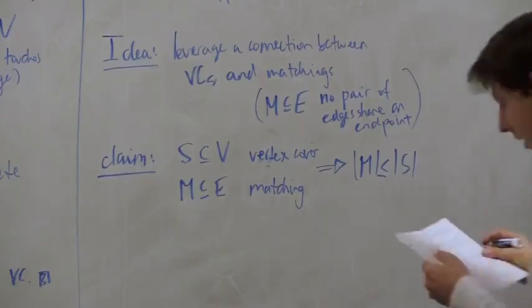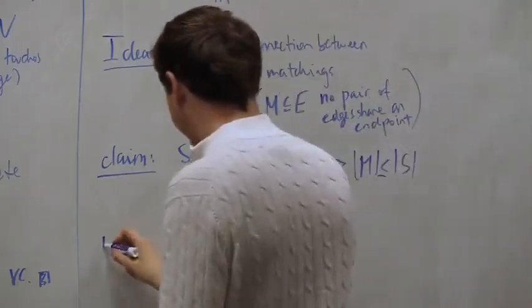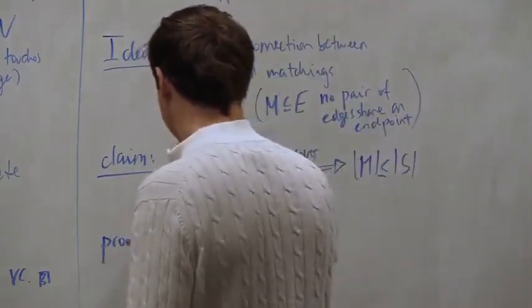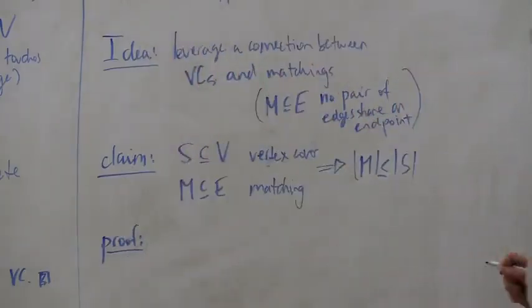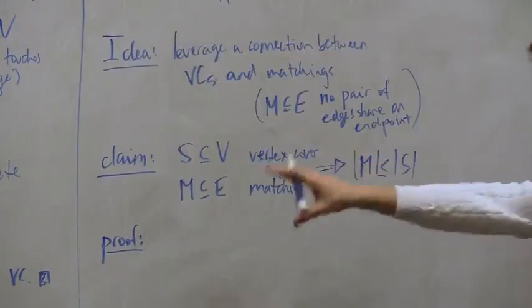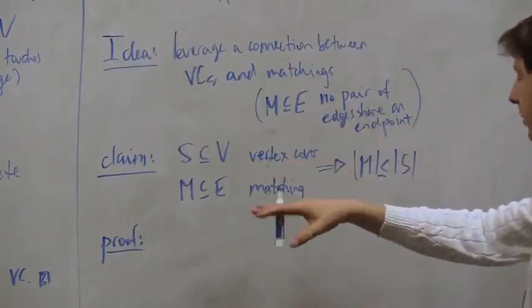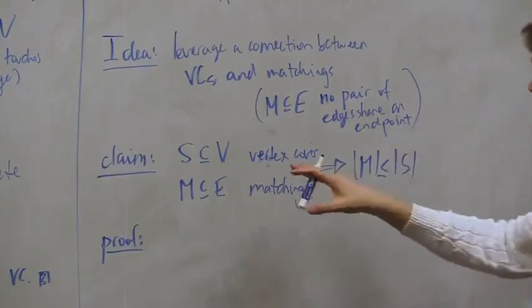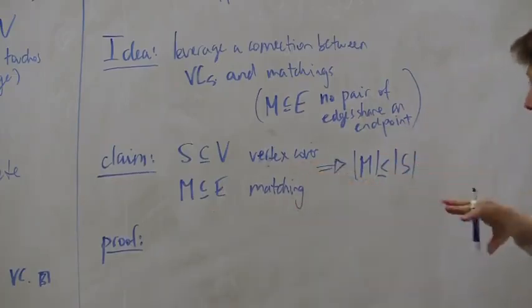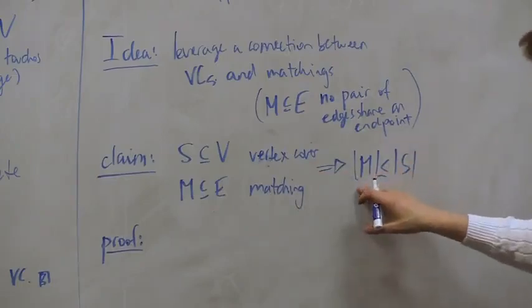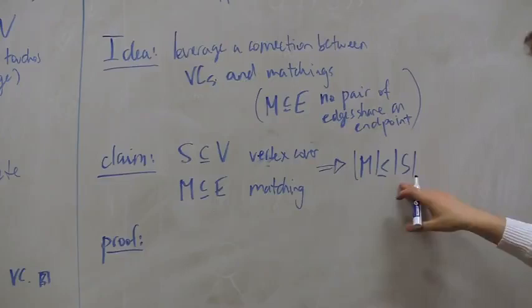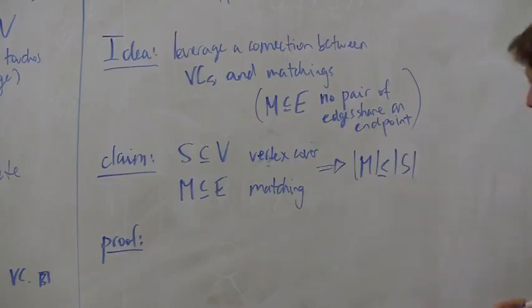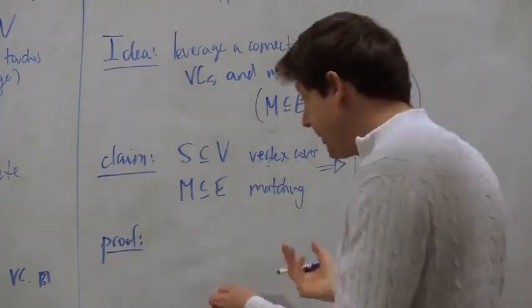It's actually a reasonable proof. Again, we've put no relation. I'm just saying S is a vertex cover, M is a matching. God knows where they are in the graph. But we're saying no matter what, the number of edges in the matching is bounded by the number of vertices in the vertex cover. So why is that?